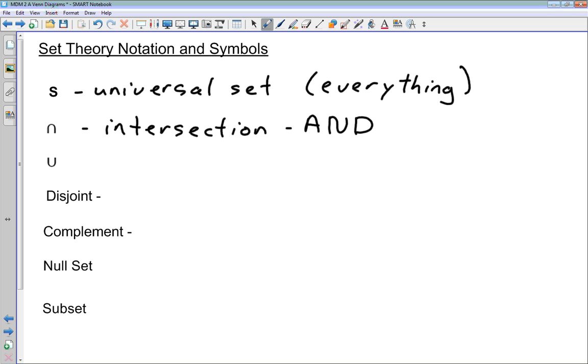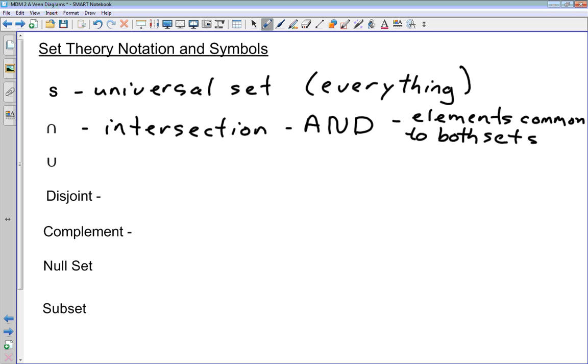What this means is when we have two sets, we are interested in the elements that are in one set and in the other set. So the elements have to be in both sets. So we're looking at elements common to both sets. And it always goes between two sets.